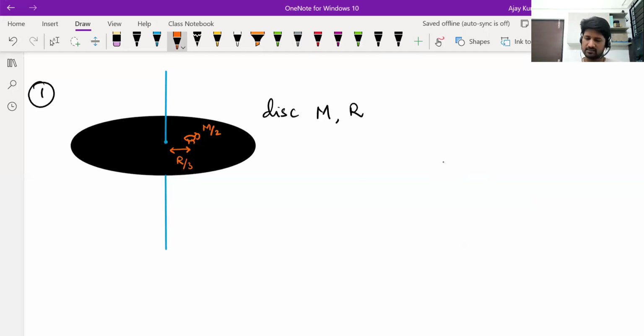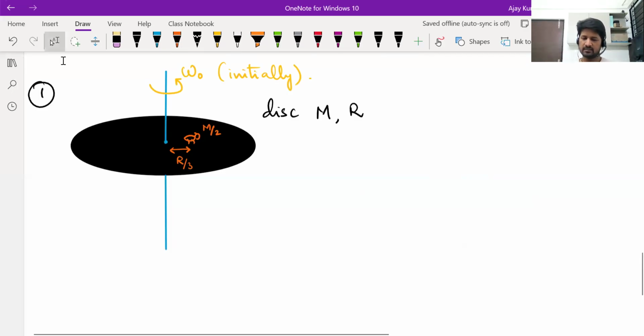Initially, it is at that distance, and this disk plus insect system is rotating with an angular velocity omega naught initially. Somehow it was set into rotation and the insect is rotating along with the disk.